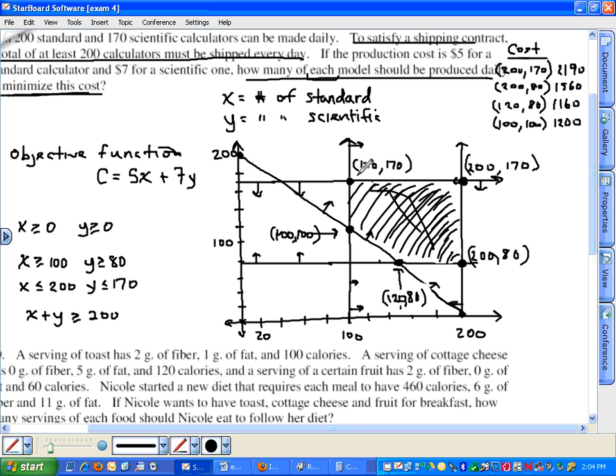And this one here, 100 comma 170, that's going to be a cost of $1,690. So according to this, to minimize production costs, it's that combination right there. Minimum production cost is to make 120 standard calculators and 80 scientific calculators.